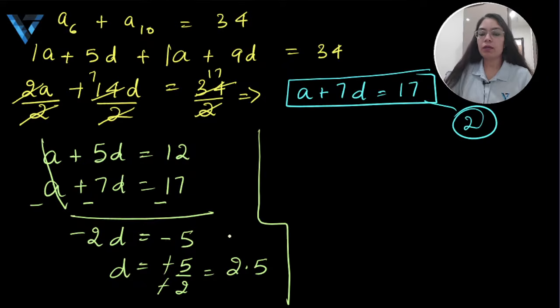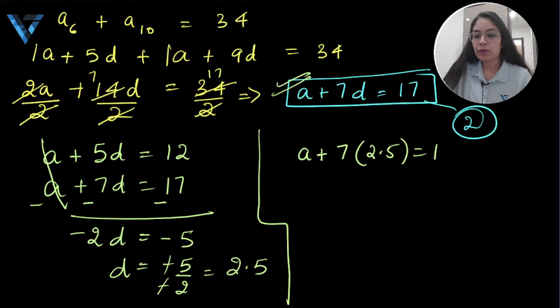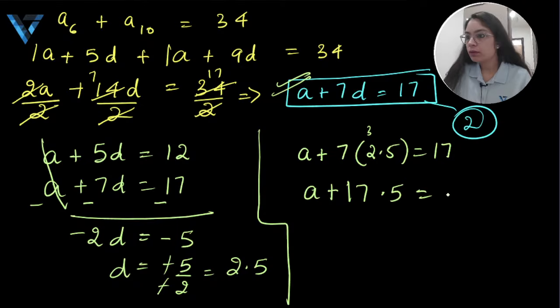Now we can use any equation to solve for A. I am using the second equation: A plus 7D equals 17. 7 into 2.5 is 17.5, so A plus 17.5 equals 17.